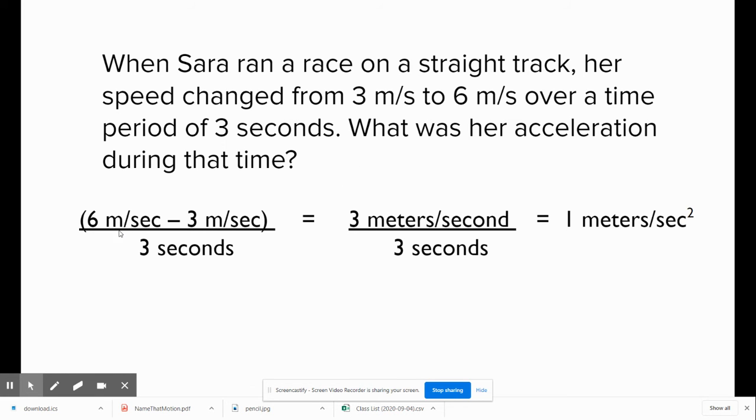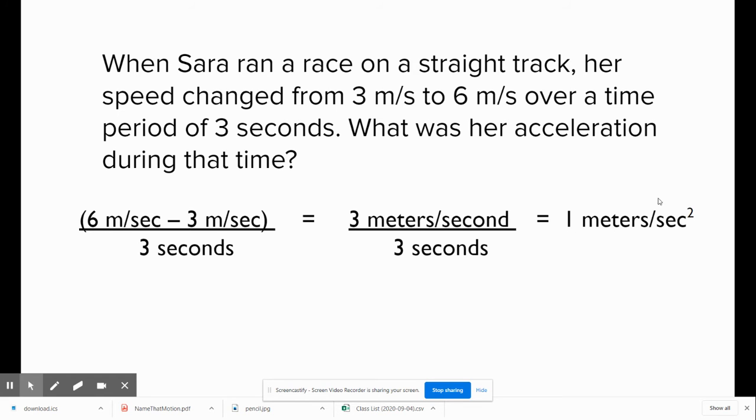Her final velocity was 6 meters per second, minus her velocity at the start of the period I'm interested in, minus 3. And it took 3 seconds for her to do this. 6 minus 3 is 3 meters per second divided by 3 seconds. 3 divided by 3 is 1.